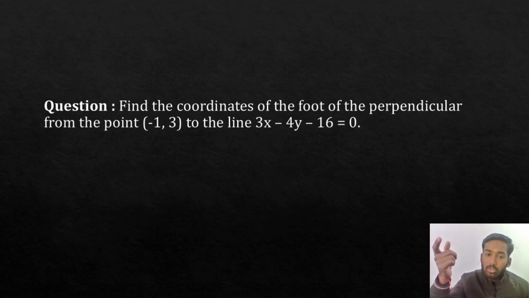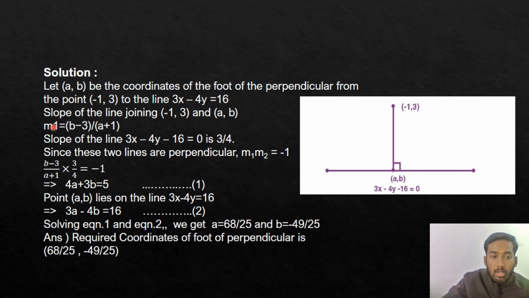Let us assume a point (a, b) on the given line 3x - 4y - 16 = 0. Now it will definitely satisfy this equation. So we found this equation from (a, b), and we come up with the perpendicularity condition, which is m1 times m2 is equal to -1.